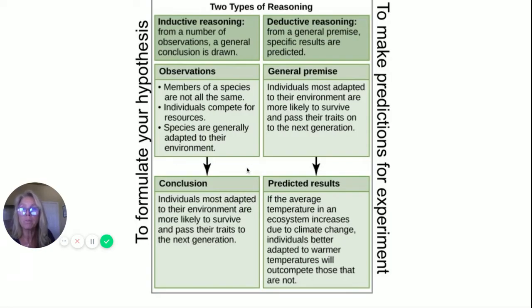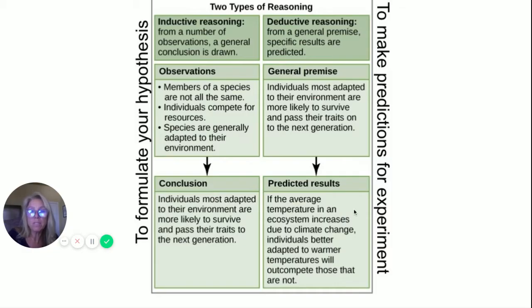So you can read the observations here. And then the general conclusion that was drawn is that individuals most adapted to their environment are more likely to survive and pass their traits to the next generation. So that's a conclusion. That's a statement. You use that to formulate your hypothesis. But to make predictions from that, like an if then because, you use deductive reasoning from this general premise that we have, and you're predicting what the results will be.